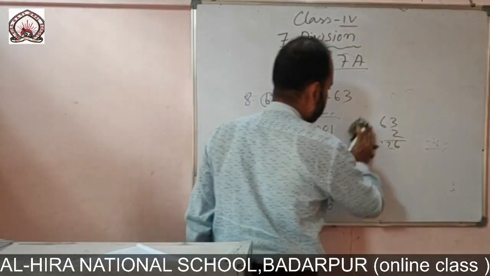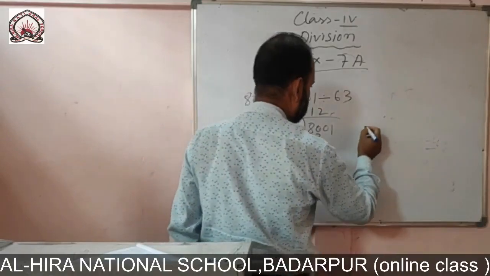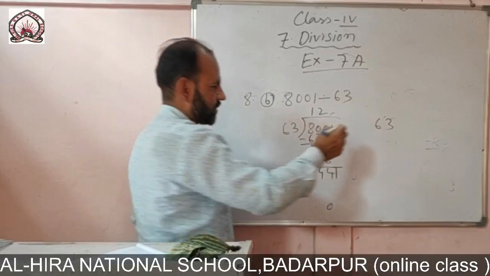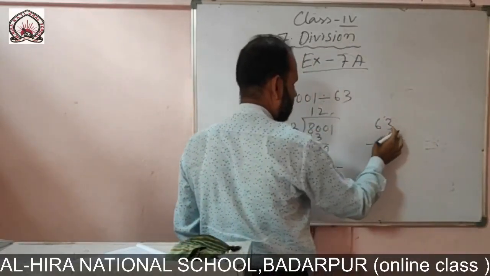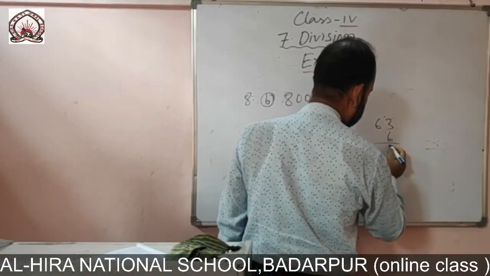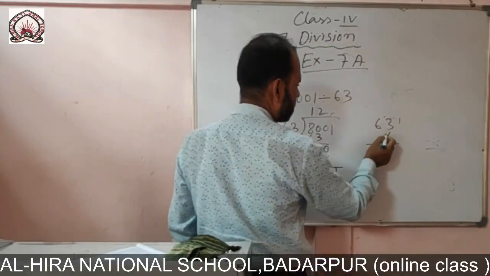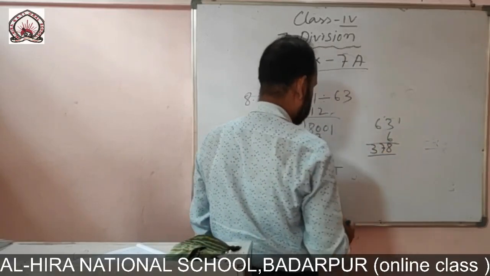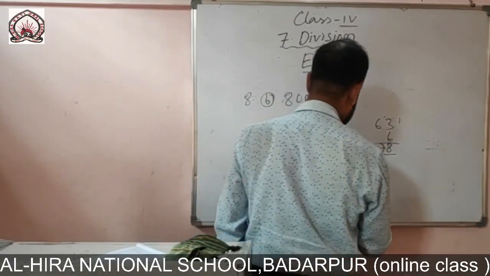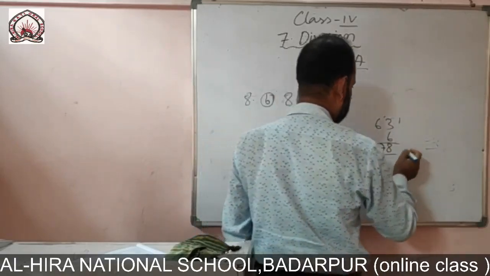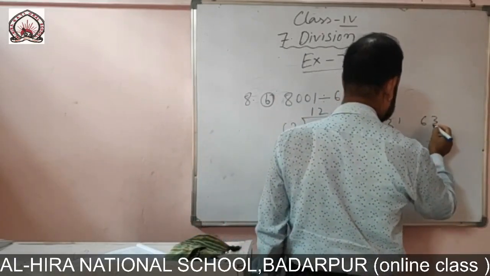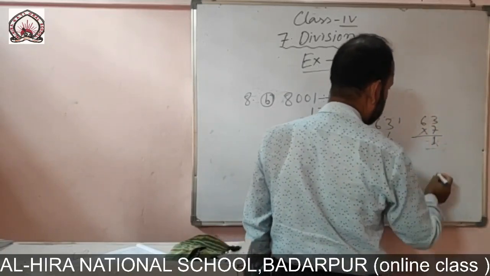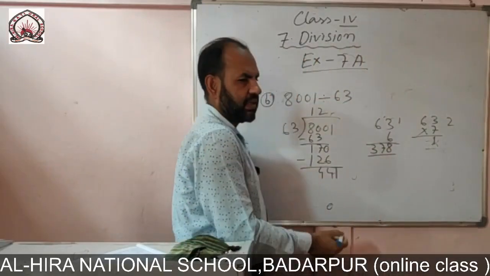Now we see 63. How many times go? First 6 times. 6 3s are 18, 8, 1 in my hand. 6 6 are 36, 1 37. It is less than 441. So we try with 7. 7 3s are 21, 1, 2 in my hand. 7 6s are 42, 40 and 2 in my hand 44.